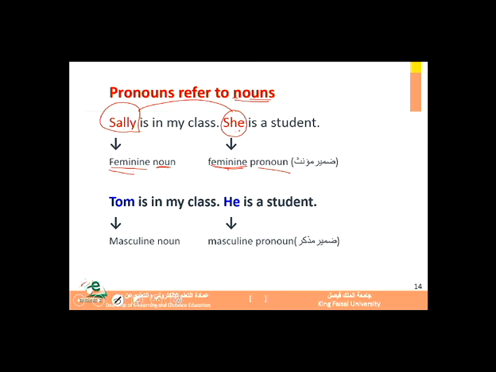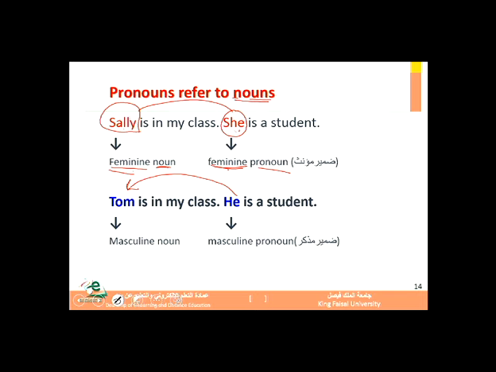Tom is in my class. He is a student. What does this pronoun refer to? It refers to the noun Tom. So pronouns refer to nouns. The pronoun he refers back to the noun Tom.